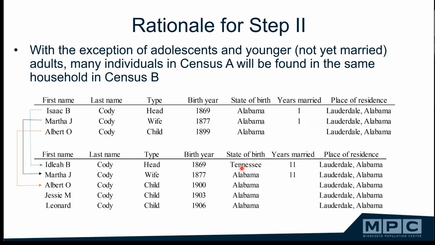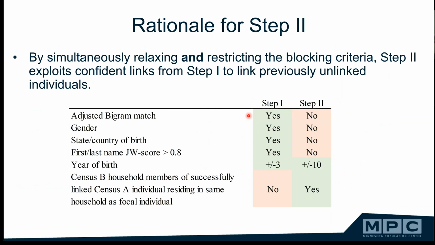Since we've limited the universe of potential matches so much, we can relax birth year, we can relax state of birth, we can relax sex, even. So what we do is that we simultaneously relax and restrict the blocking criteria.